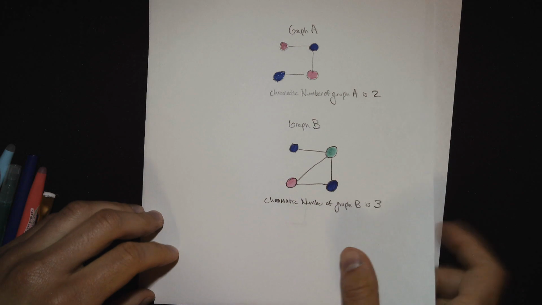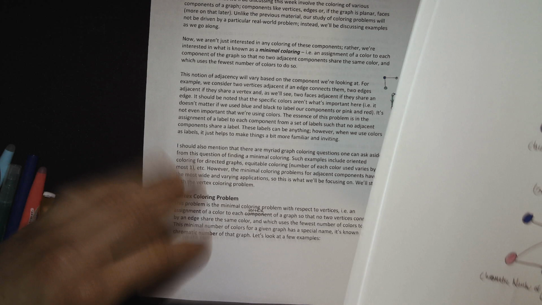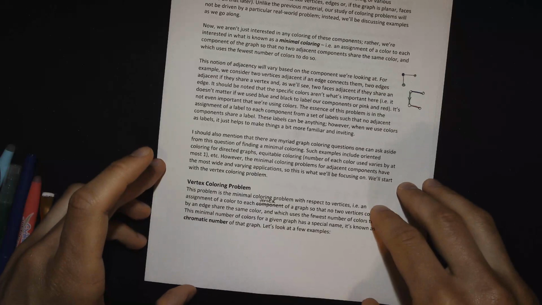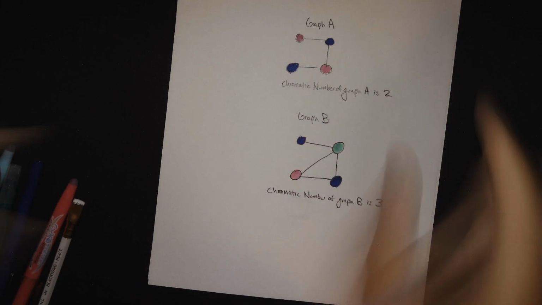All right, so let's go back here before coming back and talking about this in a different way, right? Actually, I already mentioned: the essence of the problem is not that we're using colors. It's in the assignment of a label. So when we were looking at colors for each of these vertices, we could have instead been talking about labels.